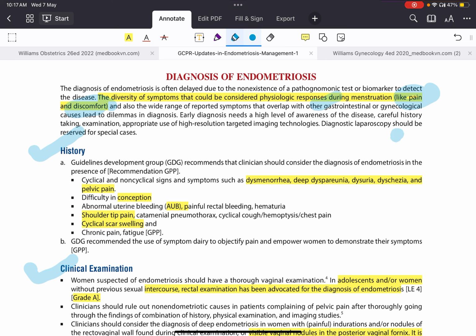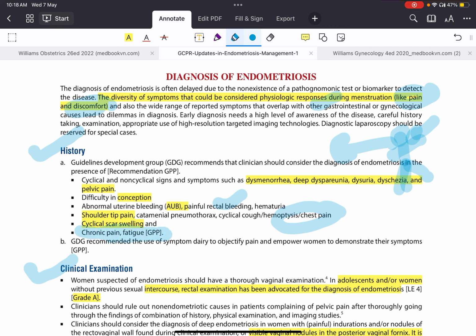And some females will come to infertility clinic with endometriosis, that they are not able to conceive. Some with abnormal uterine bleeding they'll come. Some will come with painful rectal bleeding, shoulder tip pain. Some will have shoulder tip pain, hemoptysis, chest pain, cyclical scar swelling. Some will have chronic fatigue also, chronic pain and fatigue.